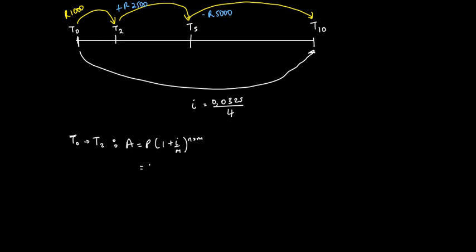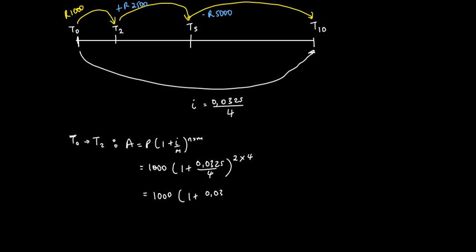Principal amount was 1,000 rands, I get it. And then the interest there was 0.0325, quarterly. And then it grew for 2 years. So you say 2 years multiplied by the quarters, which is 4. You want to know in 2 years how many quarters do I have. So that will mean 1,000 is going to grow for 2 years.